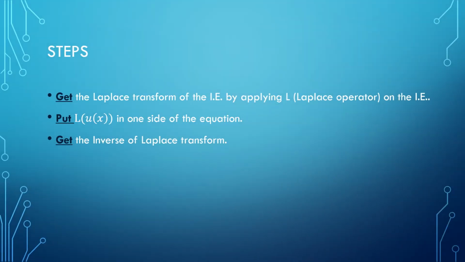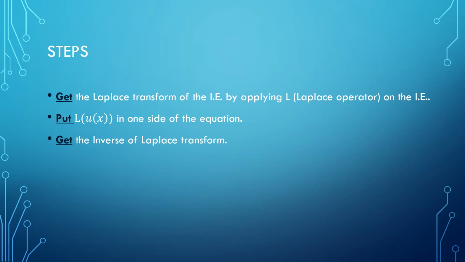As always, these are the steps of the method, and our method is the Laplace transform method. So what's the first step? The first step is to get the Laplace transform of the integral equation, by applying L, the Laplace operator, on the integral equation, and then you put L of u(x) on one side of the equation.